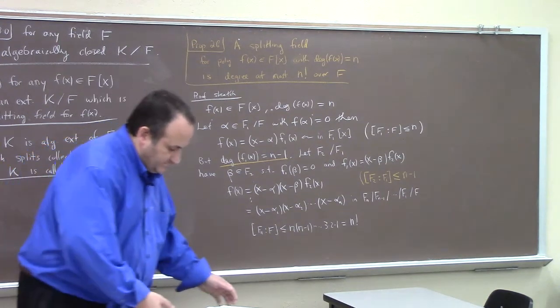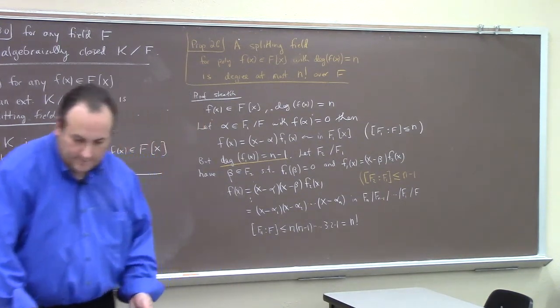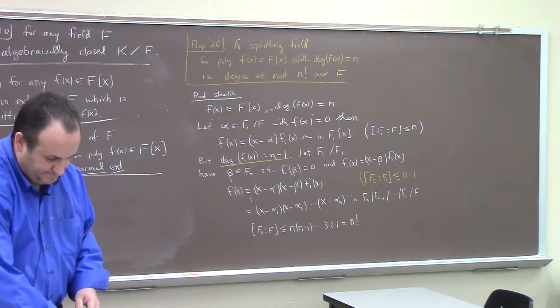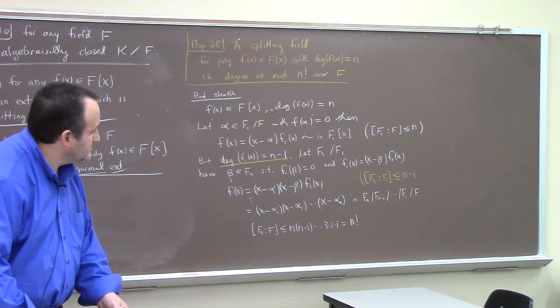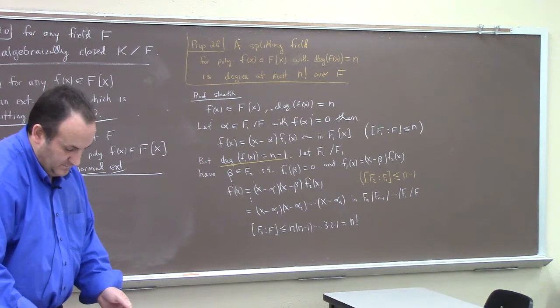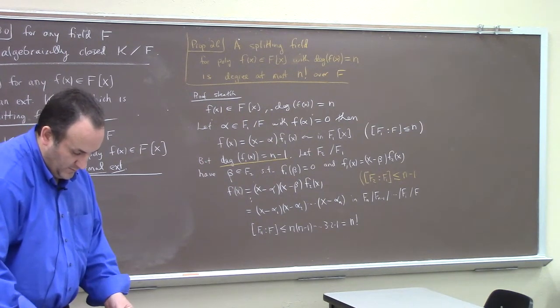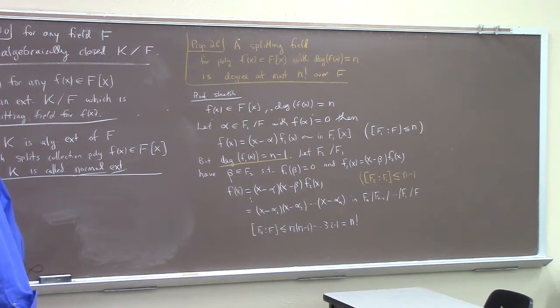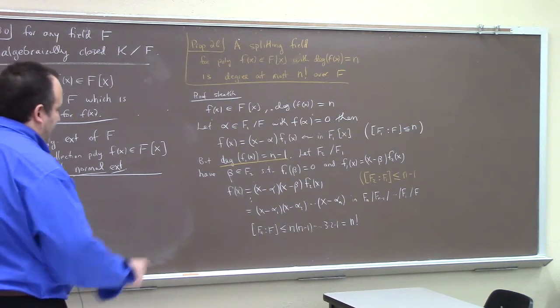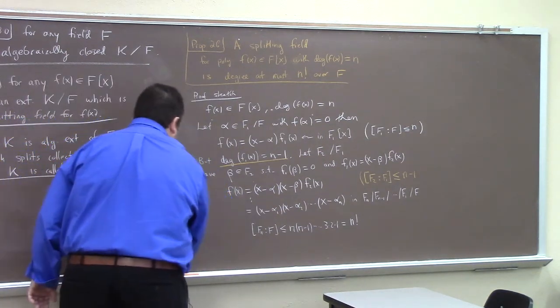You can also say that with Fn over F, you split it up into Fn over Fn minus 1 times Fn minus 1 over Fn minus 2, and keep that line of logic, because every degree would be one less than the other, and you also get the factorial. Yes, that's where this is coming from.